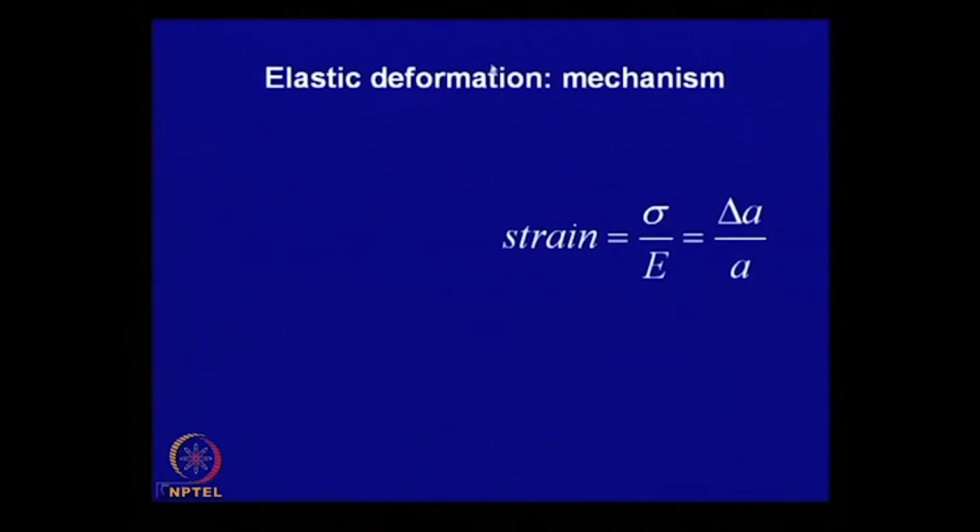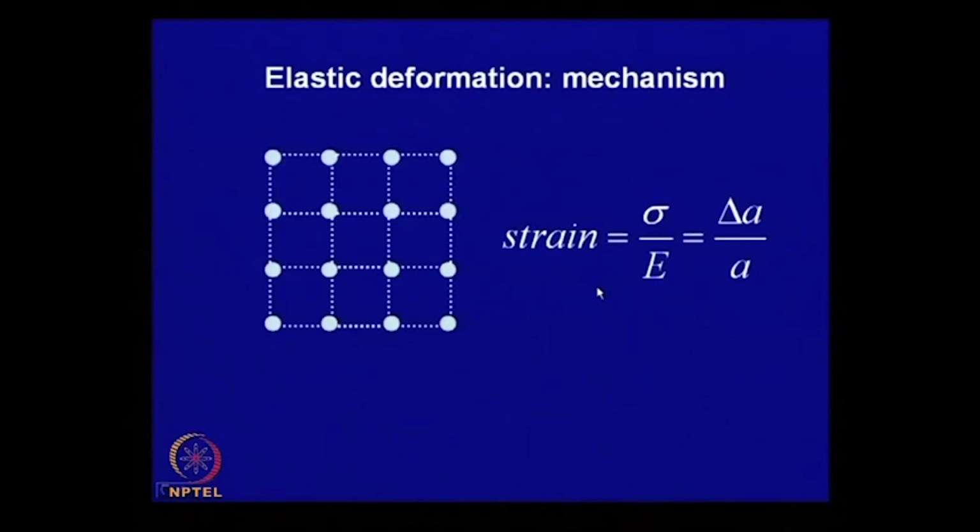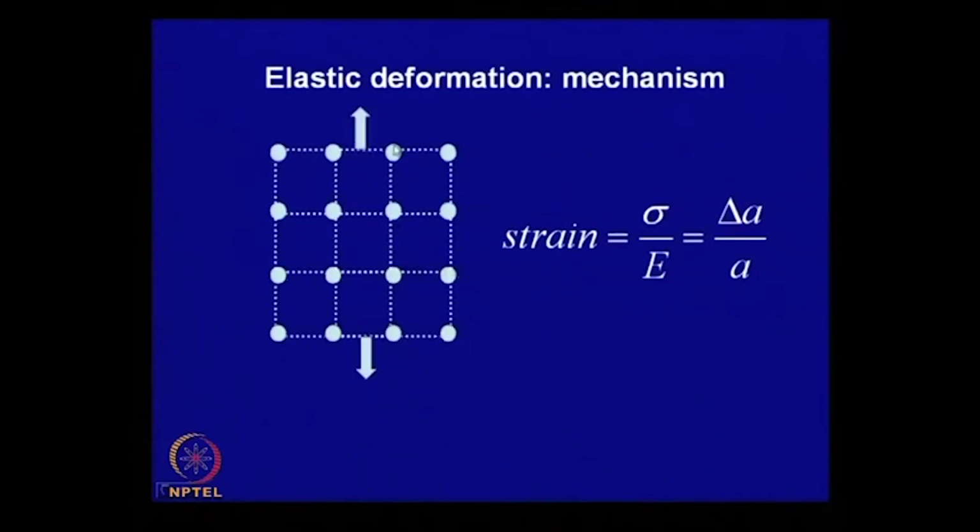Now, obviously, if you look at the mechanism of deformation, what happens with respect to the crystal structure? We have seen that strain is defined as stress over Young's modulus. This is Hooke's law under uniaxial tension. So, in terms of crystal structure, I have just shown a 2D crystal structure, and if you apply stress, in this direction it elongates, but in this direction there is a contraction.